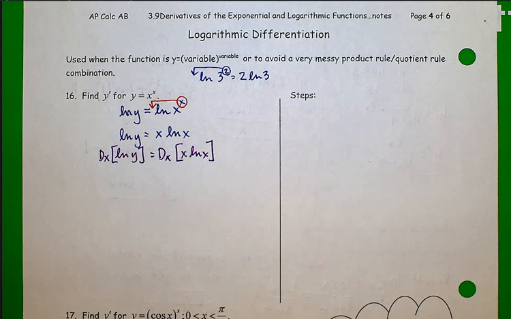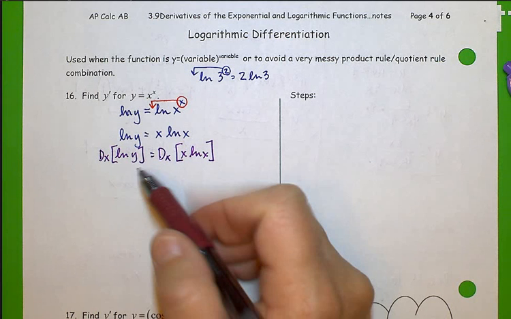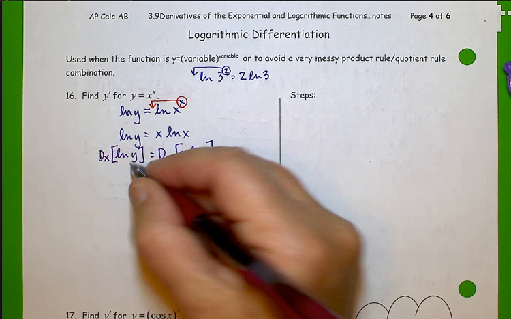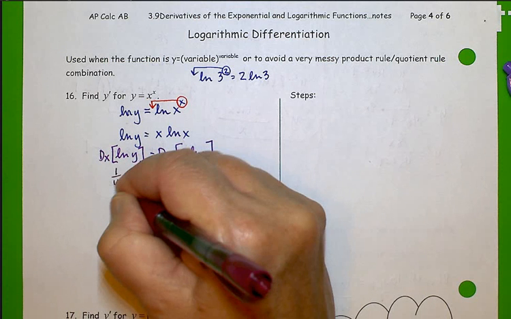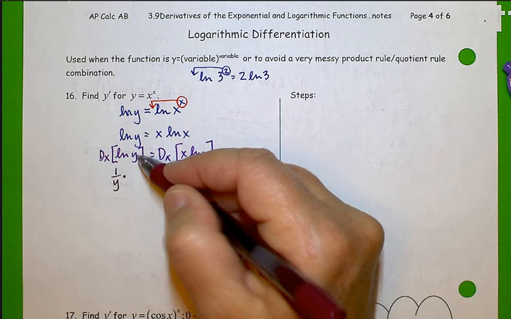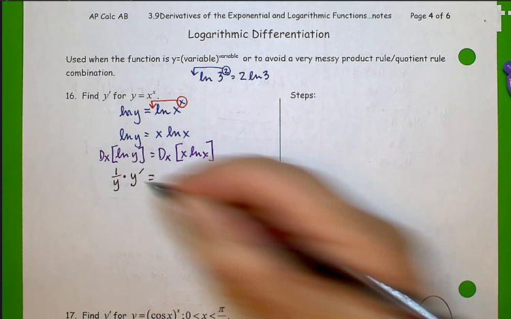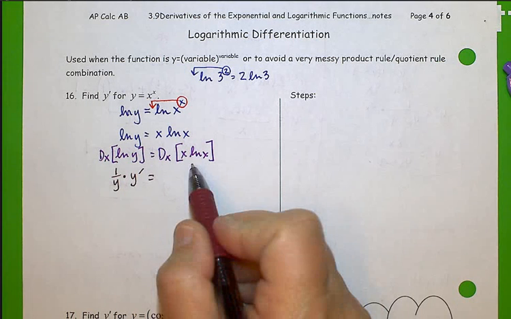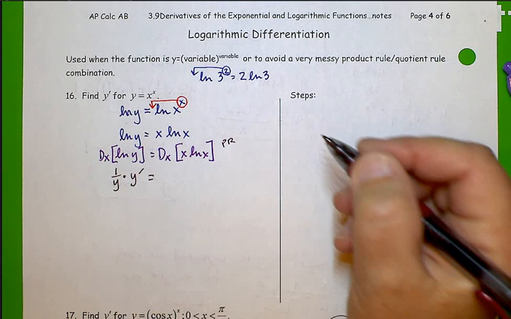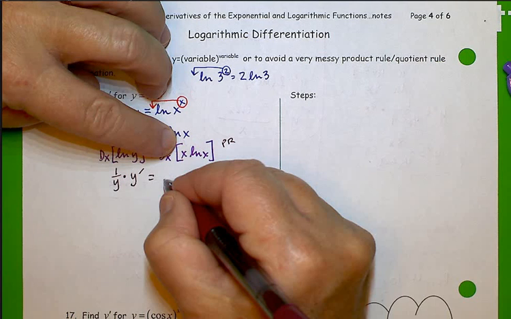So the derivative of the left-hand side, the derivative of natural log of y, this is like natural log of u. That's going to be 1 over u, or in this case 1 over y, times the derivative of y. I'm going to write it as y prime. On the right-hand side, the product rule. First term x times the derivative of the second term.